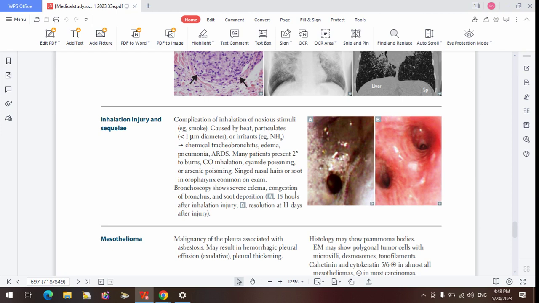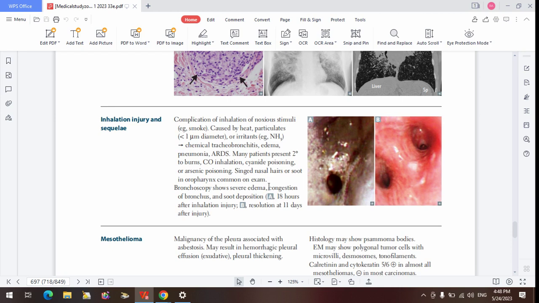And what do you see on examination? If you check their nose, you are going to see singed nasal hair. That means the nasal hairs will appear burnt, or you can see soot within the mouth or the nose on examination. If you do a bronchoscopy, you put a scope into the airway to check the trachea as well as the bronchi.